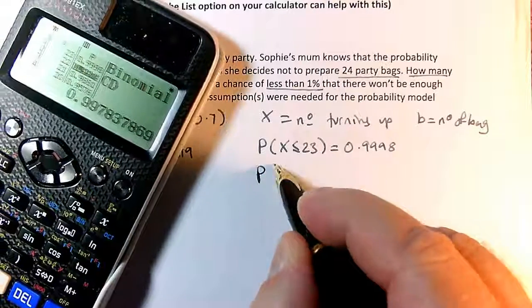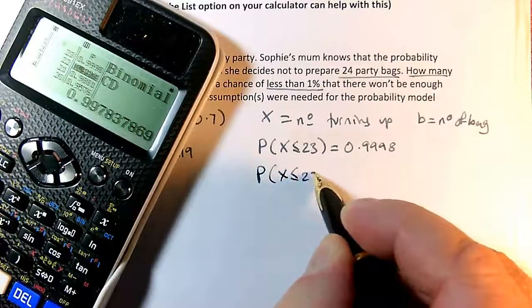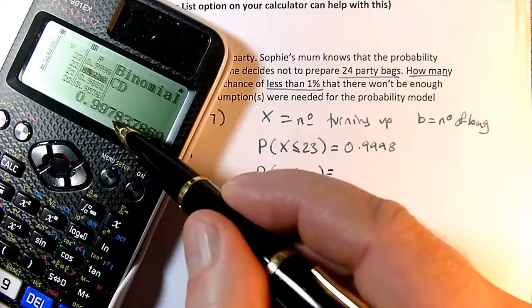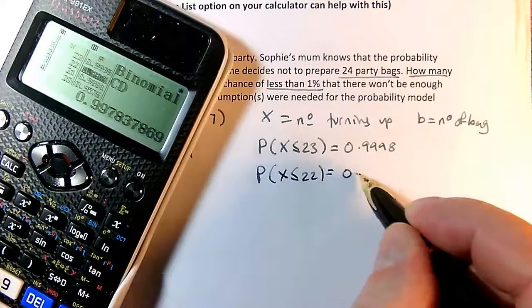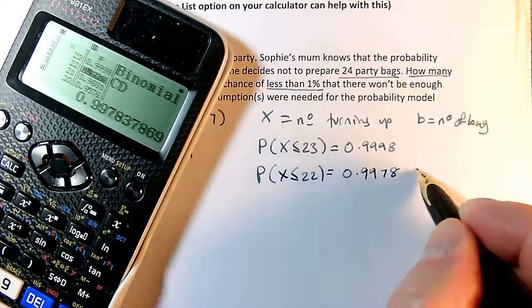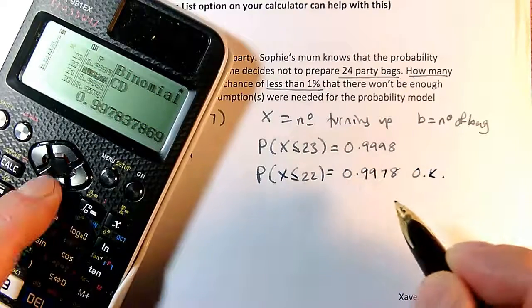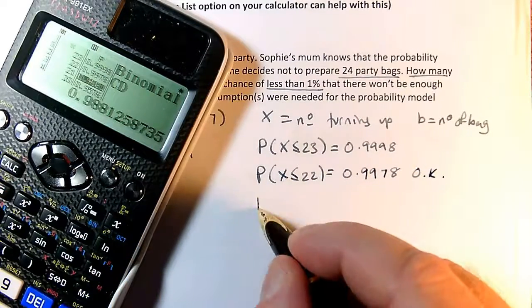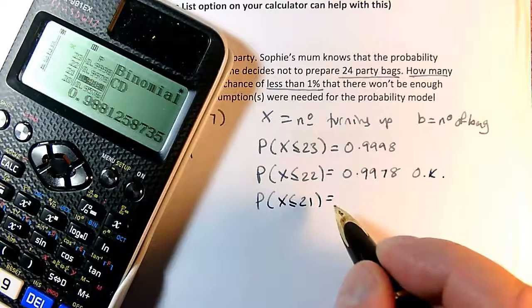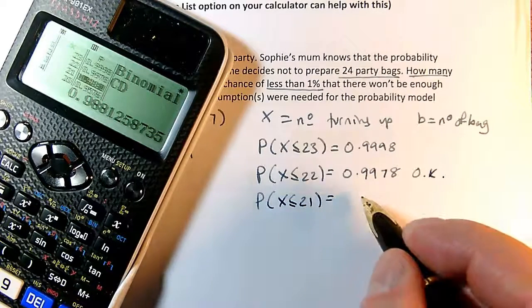So the probability of x being less than or equal to 22 equals, if I highlight it, then I get the exact value here at the bottom, 0.9978. So that one's okay. But if I go down to my next value, the probability of x being less than or equal to 21 is 0.9881.